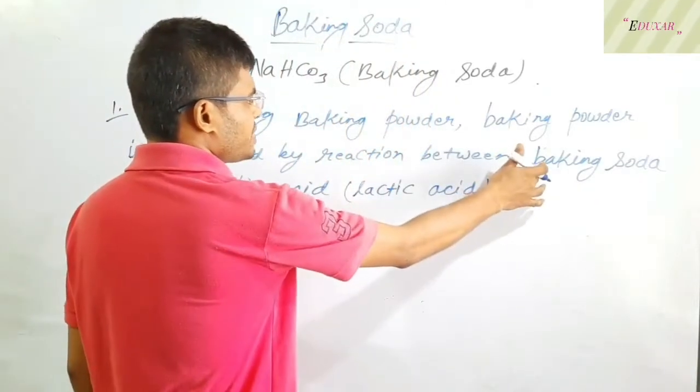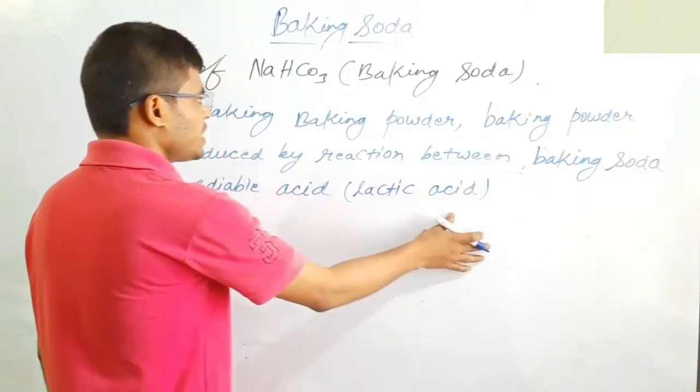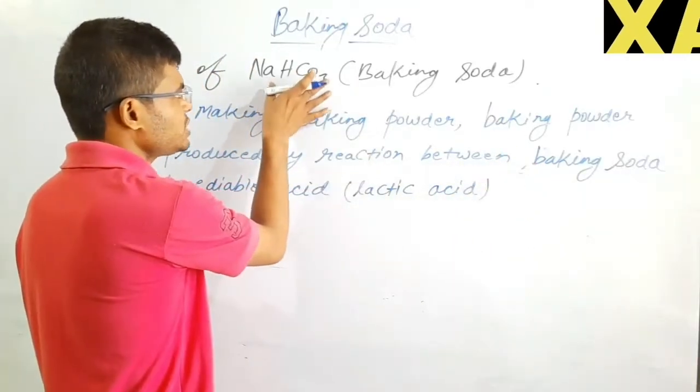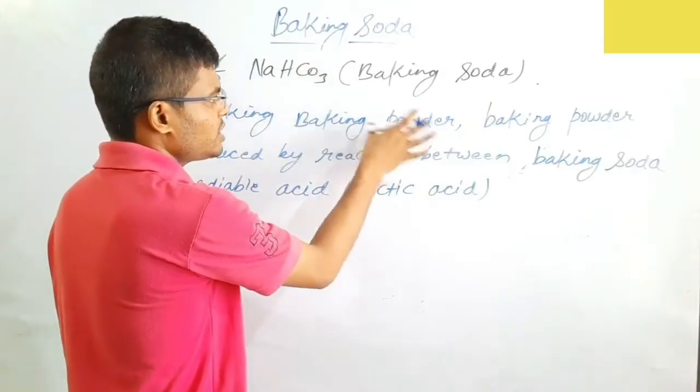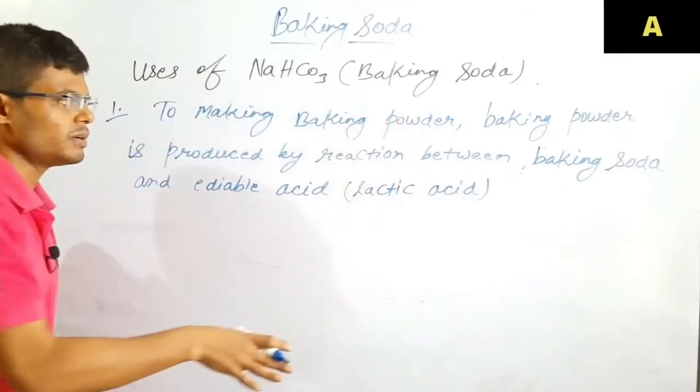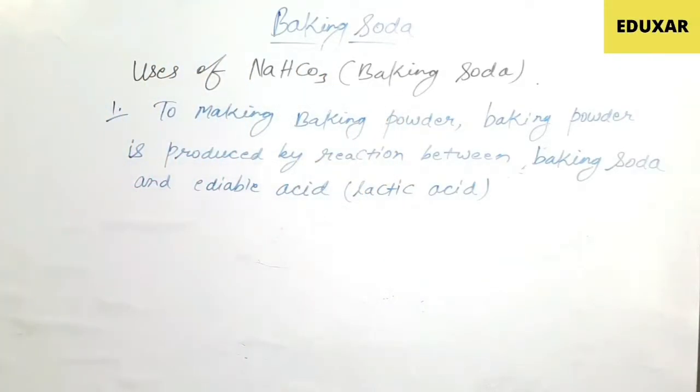And whenever we mix it with the baking soda, we can find out here the baking powder. So how it works, you must write down from here NaHCO3.